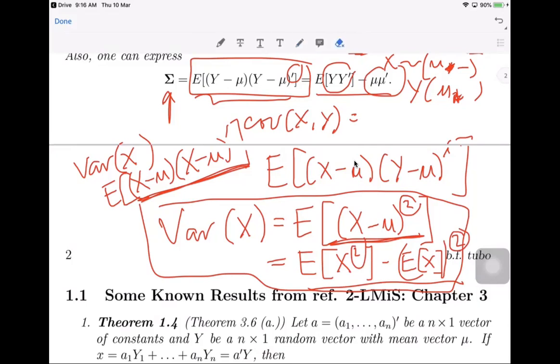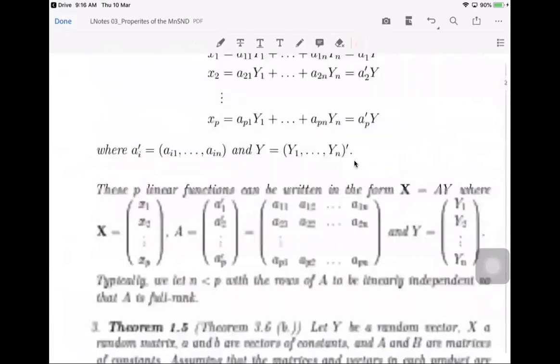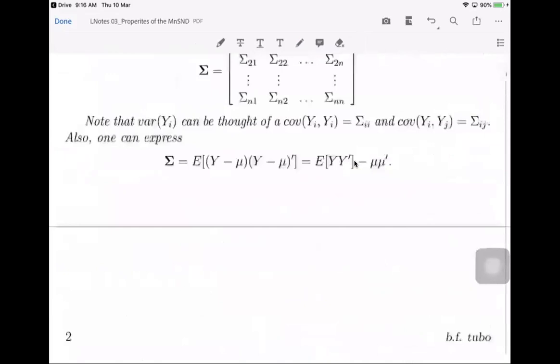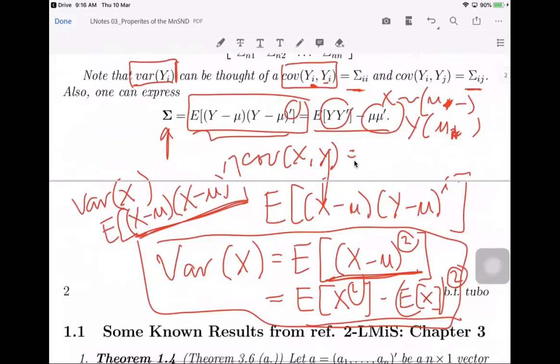Yes, ma'am. The square is the usual that you see in the univariate case; in the multivariate case, it is changed to primes. Okay?